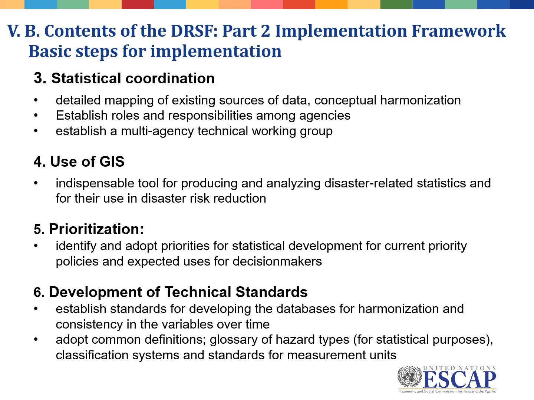The purpose of this is establishing roles and responsibilities among agencies and mapping out existing data and resources. And the fourth one is the use of GIS. It is highly encouraged because it is an indispensable tool as nearly all components of the basic range of statistics rely on GIS for analysis.